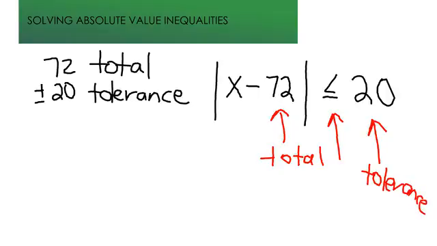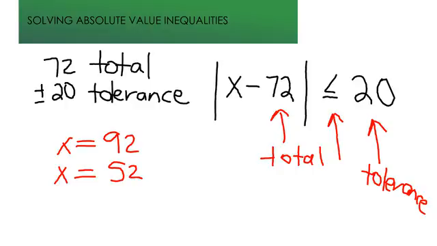All right. So if I were to solve this, I would figure out that x would equal 92. Okay. Or x would equal 52, because then that would give me a -20, and -20 absolute value 20 would still equal 20.